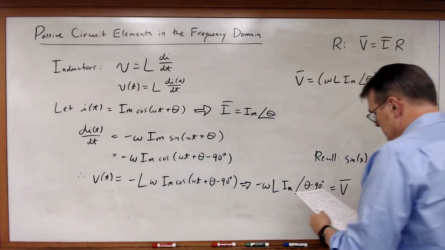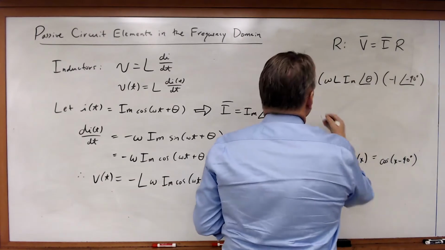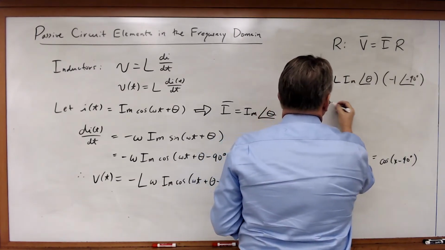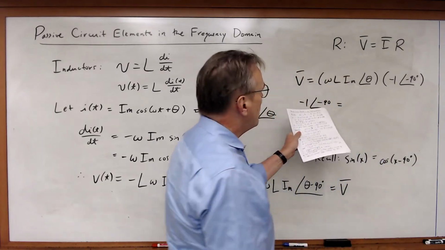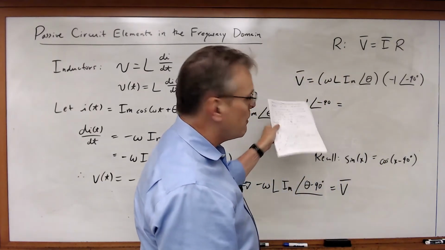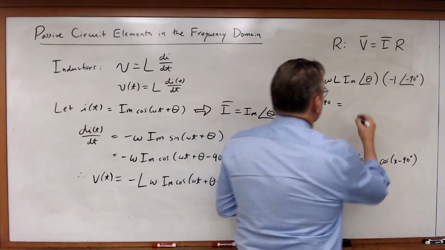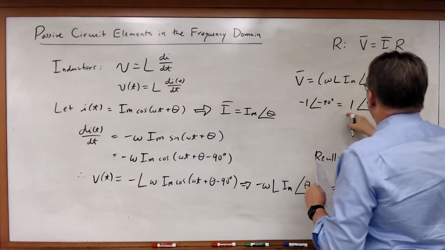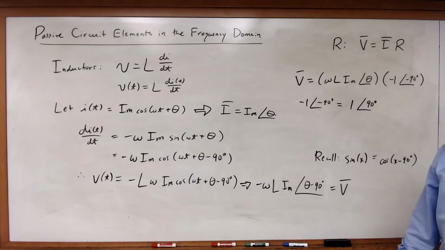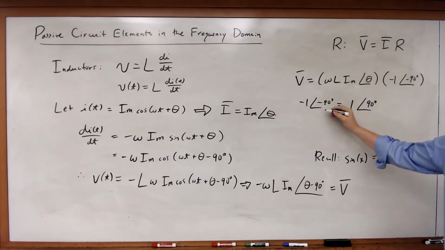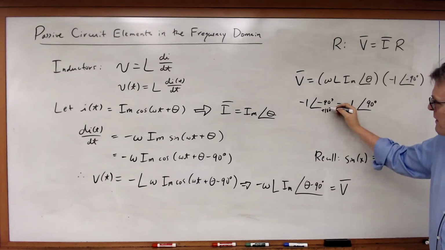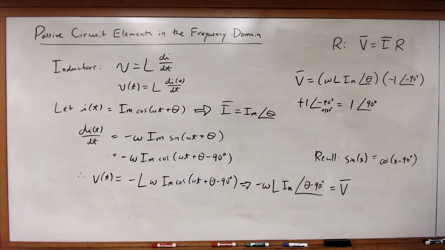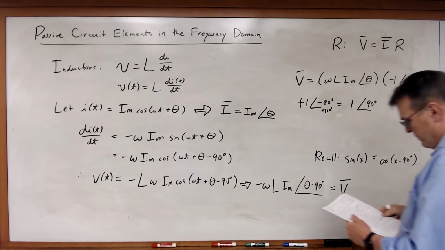Let's evaluate this. In this case, minus 1 at a phase angle of minus 90 degrees, I can add 180 degrees to that and multiply by negative 1. So this is just the same as 1 at a phase angle of 90 degrees. What is this equal to?